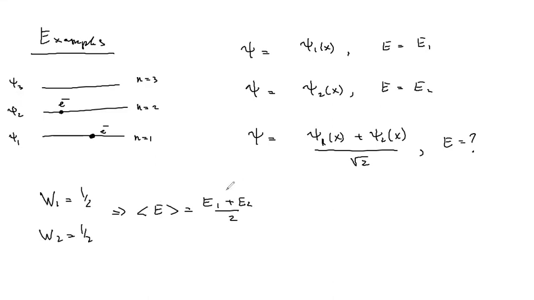But this is the average energy. What about the energy itself? The energy is not defined. The particle has no certain energy. With 50% chance, energy is E1. With 50% chance, energy is E2. The electron is on both levels at the same time, in both states at the same time, with some probabilities.